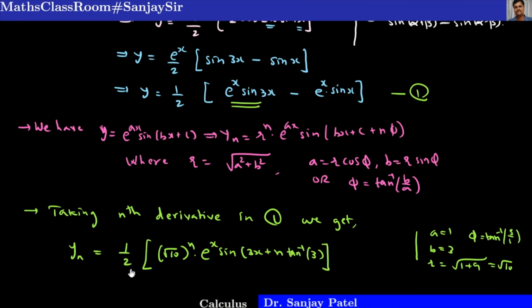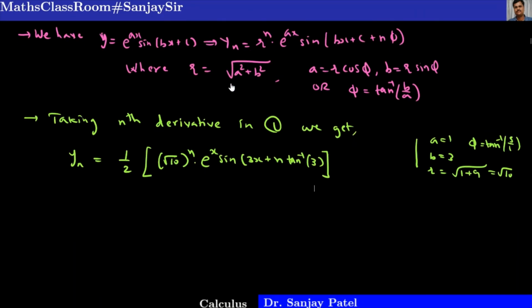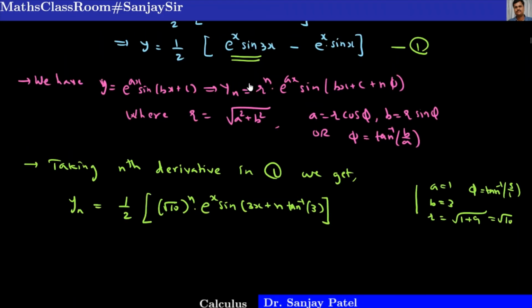And minus 1 by 2, the second term derivative of order n is minus 1 by 2, multiplying this 1 by 2 with this term. In this second term, if you compare e raised to x into sin x with this formula, we have a is equal to 1 and b is equal to 1.